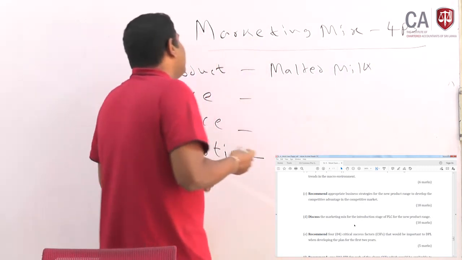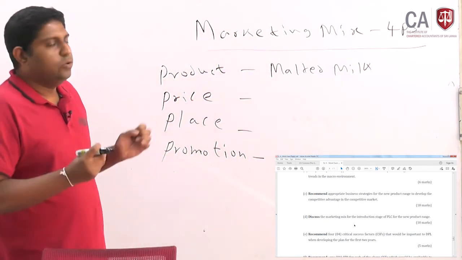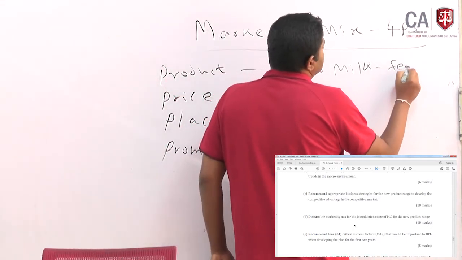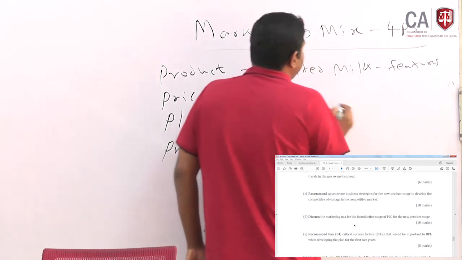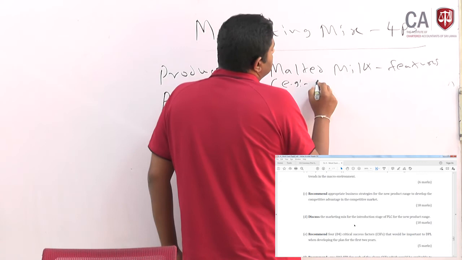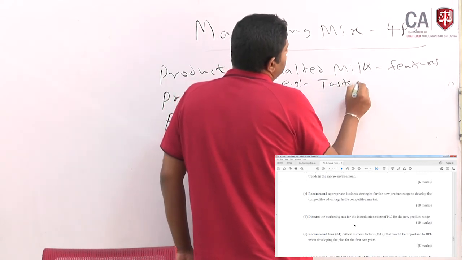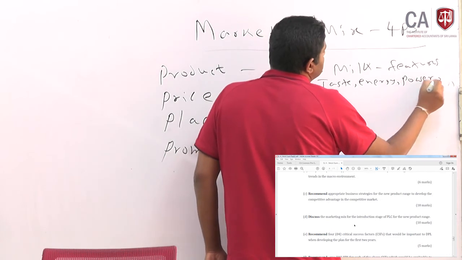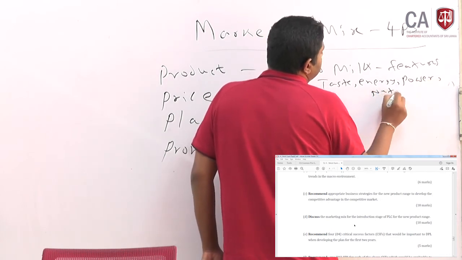So, we will look at the product features here. We are going to add more features to our product. We can focus on some features, for example taste, energy, power, nutrition.